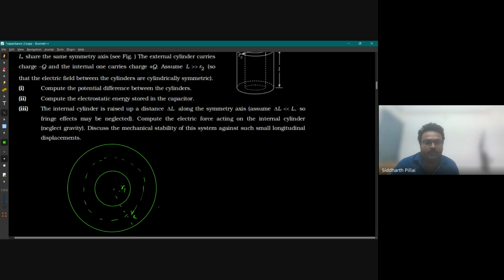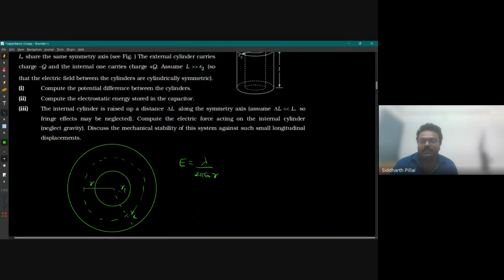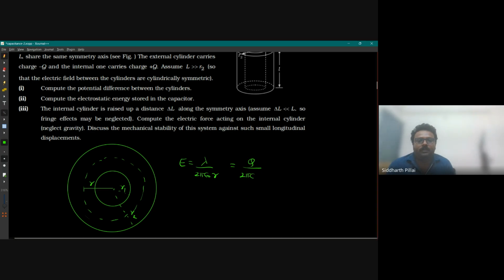You choose a Gaussian cylinder of radius R. The field inside, you can find using Gauss law, that will just give you E is equal to lambda by 2 pi epsilon naught R. That's the field for an infinitely long line of charge. Here lambda would be Q by the length of the cylinder L. So that will be Q by 2 pi epsilon naught L into R, correct?